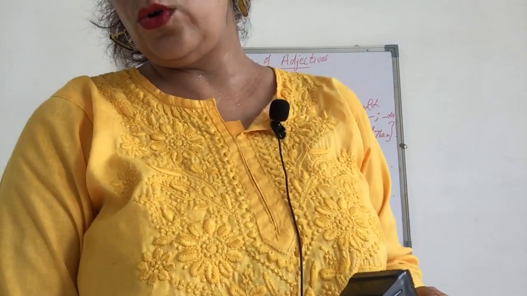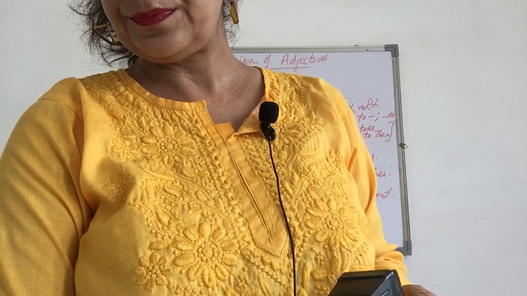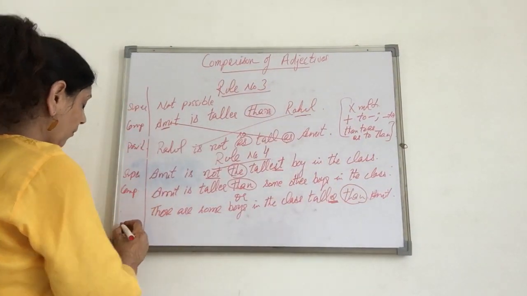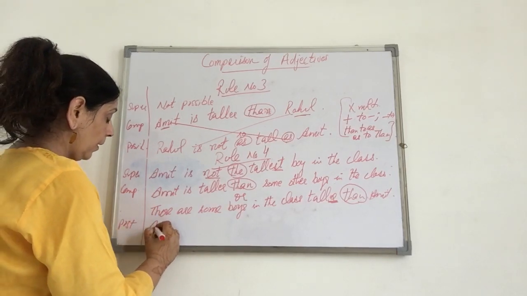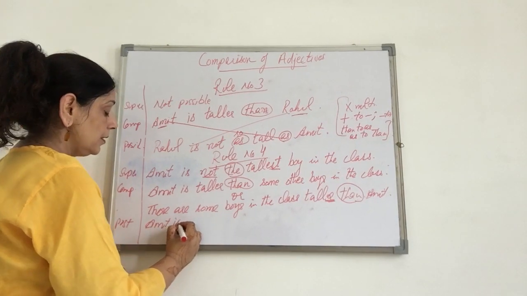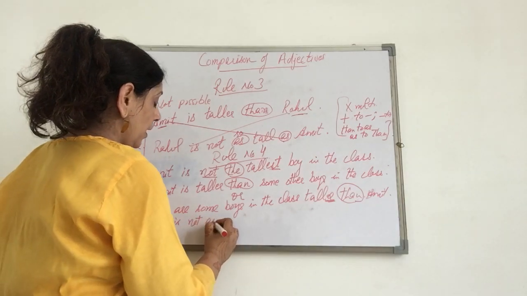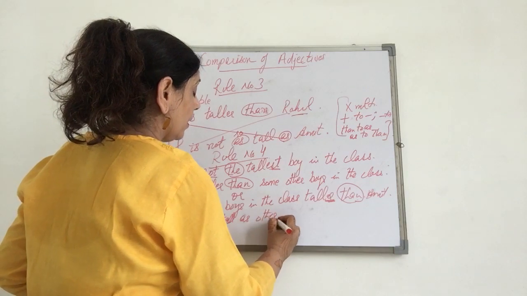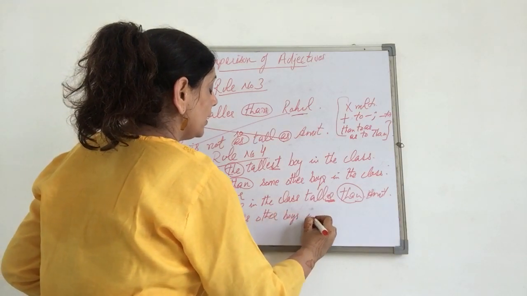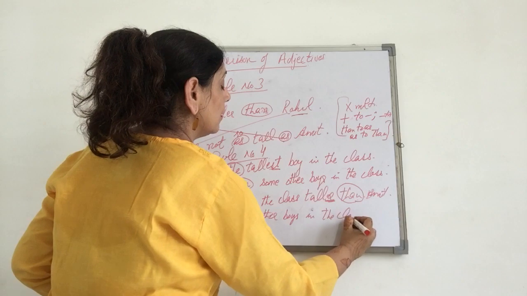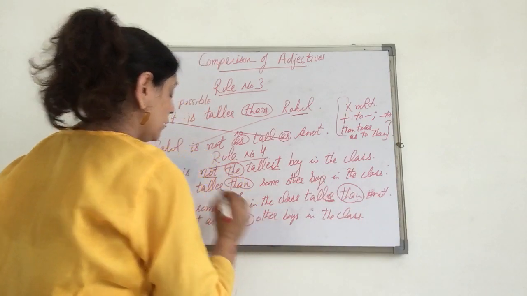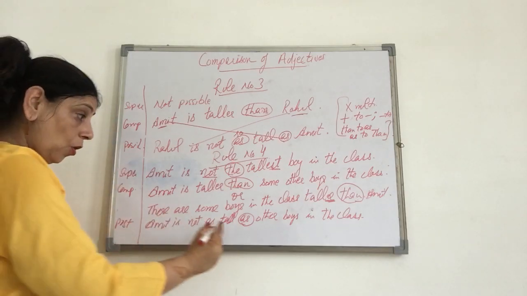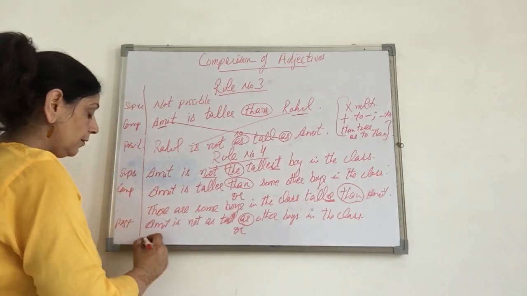Similarly, there are two ways how you can do the positive sentence. Number 1 is: Amit is not as tall as other boys in the class. As is the compulsory word, you know it, for positive degree. Right? Or we can do this also two ways. What is the other word?